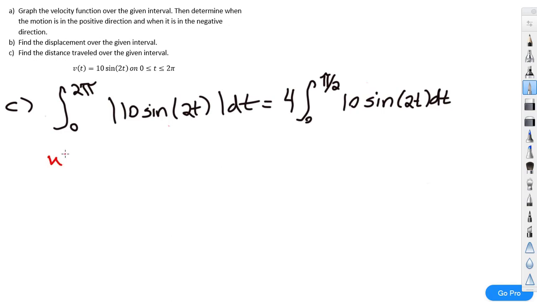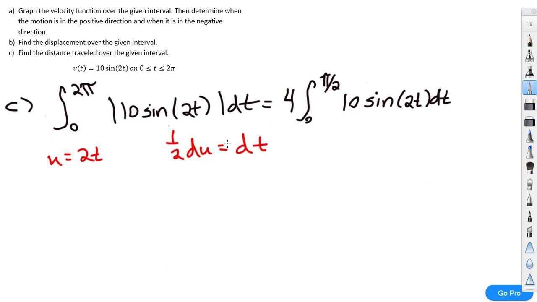I'm going to let u equal 2t, which means that 1/2 du is equal to dt. Oh, whoops, sorry, that should be a du there.